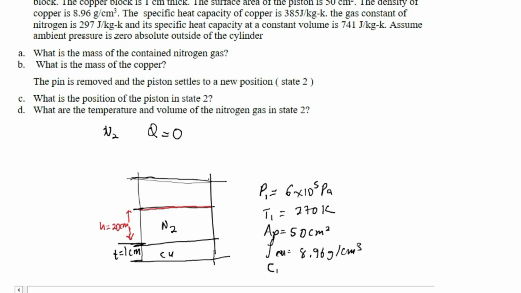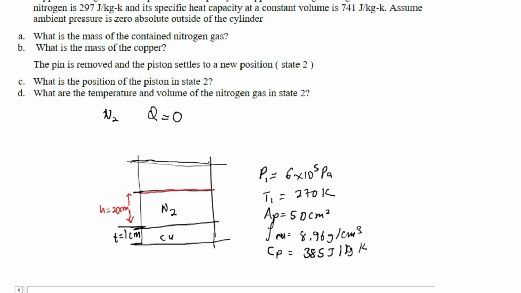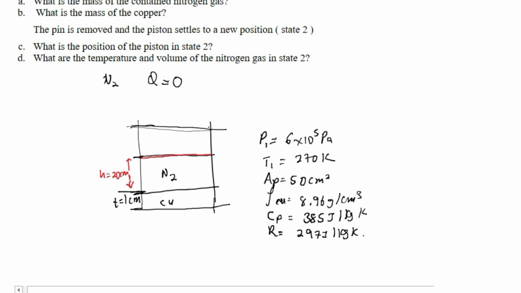So Cp of copper is 385 joule per kilogram Kelvin, and then the gas constant R is 297 joule per kilogram Kelvin, and the specific heat capacity at constant volume, Cv, is also given to be 741 joule per kilogram Kelvin.